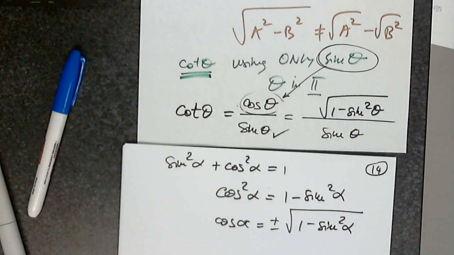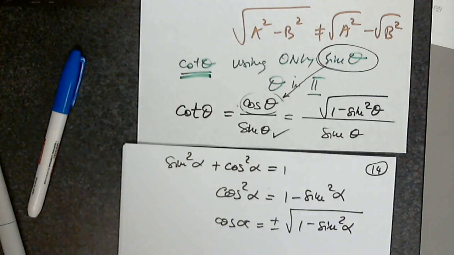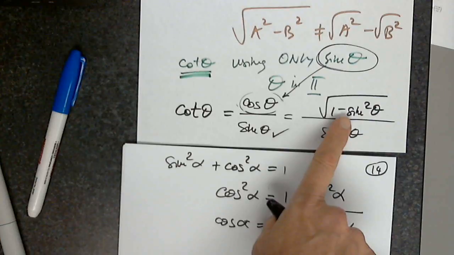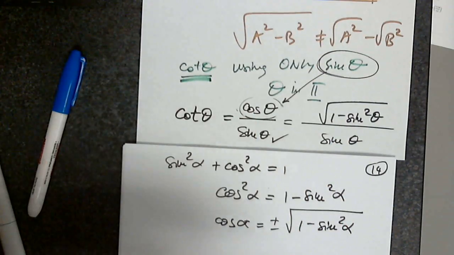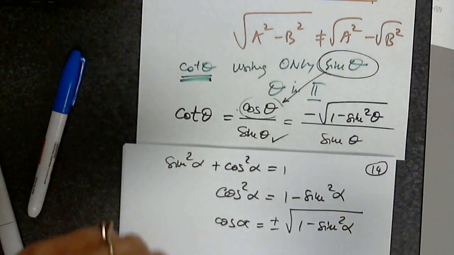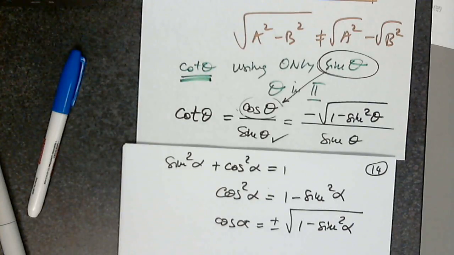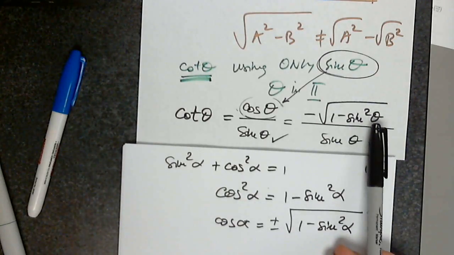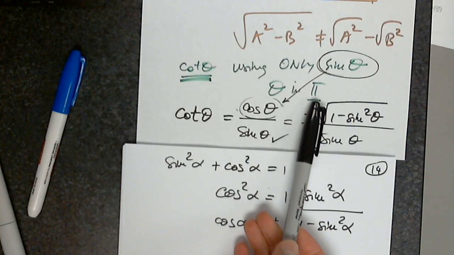In quadrant 2. Exactly. We're not talking about sine, we are changing cosine into this. So exactly. Now this is correct. Indeed, we expressed cotangent in terms of sine only for theta in the second quadrant.